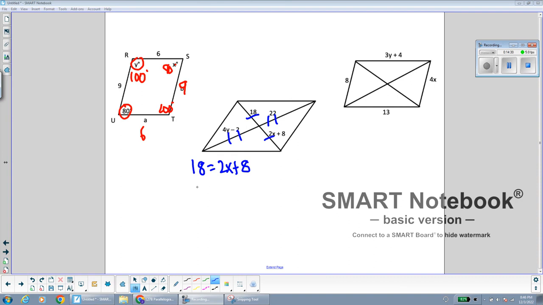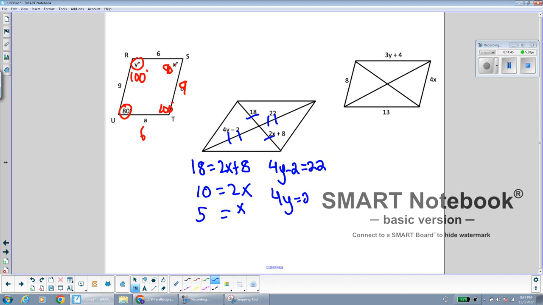Subtracting 8 on both sides, we have 10 is equal to 2x, and that gives us x is equal to 5. To find y, we can set up the equation 4y minus 2 is equal to 22. Adding 2 to both sides, we have 4y is equal to 24. And then dividing both sides by 4, we have y is equal to 6.